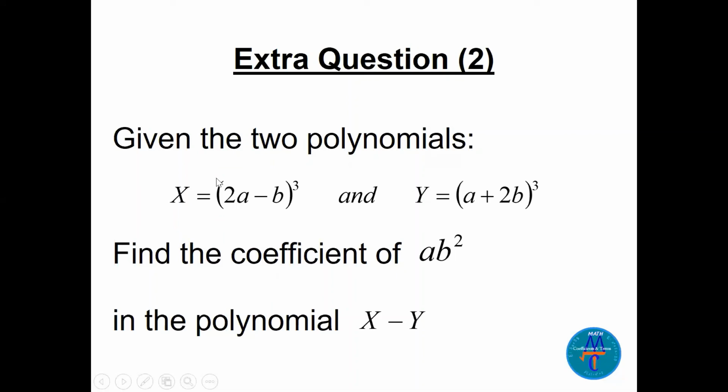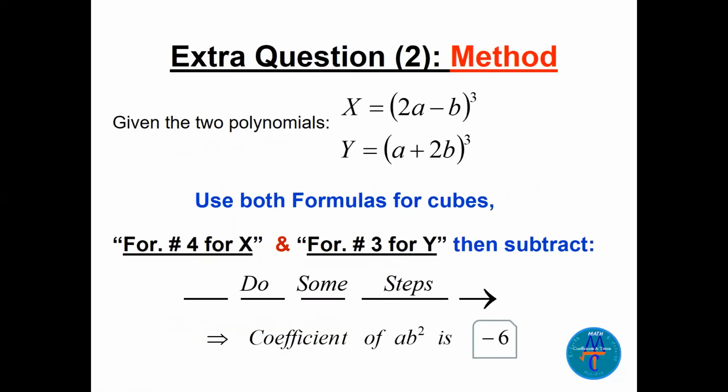That's a polynomial here. Use the formula, write it here, minus. Use the formula for the cube of the sum, and then you subtract. When you subtract, you have ab squared in the answer. Check the coefficient, it's a number. So the number you should get is -6.